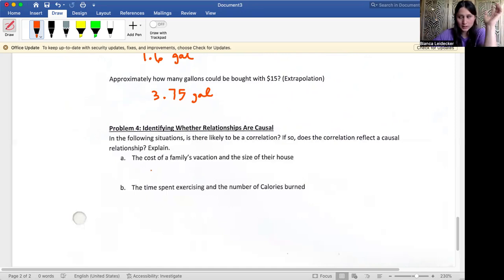I'm not going to write all this down because it takes me too long. You're going to say there could be a positive relationship. However, there's not a positive correlation that reflects a causal relationship.